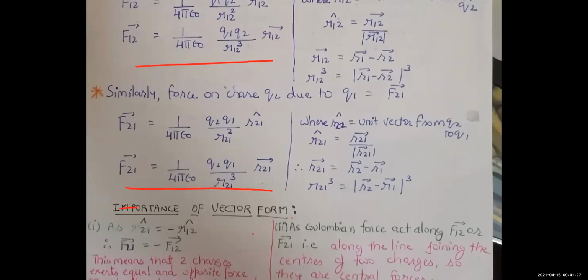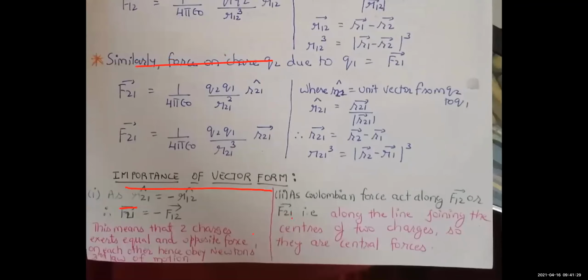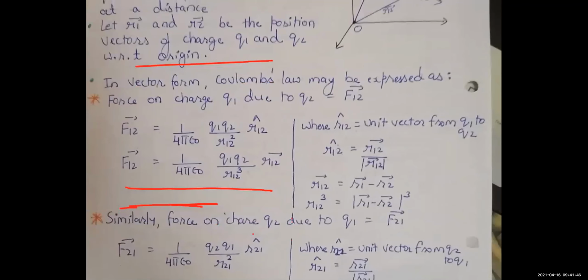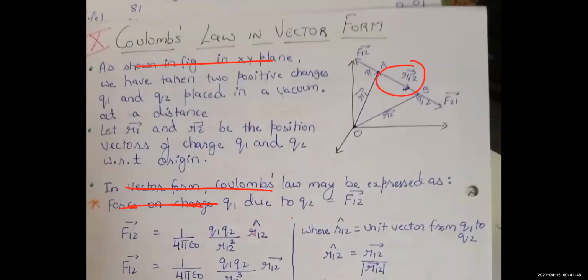Moreover, we know that the unit vector R21 is equal to minus R12. R21 और R12 दोनों का सिर्फ difference है direction. Otherwise, the distance between them, see children, in the diagram, the distance between Q1 and Q2 is R12, or you can say R21, the magnitude is same. If you talk about direction, one will be from Q1 to Q2 and the other will be from Q2 to Q1.